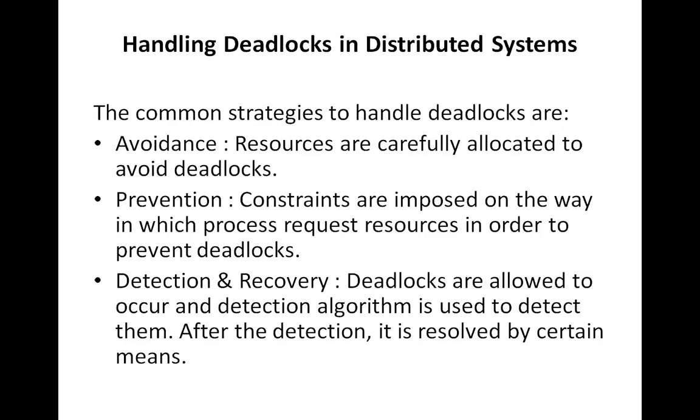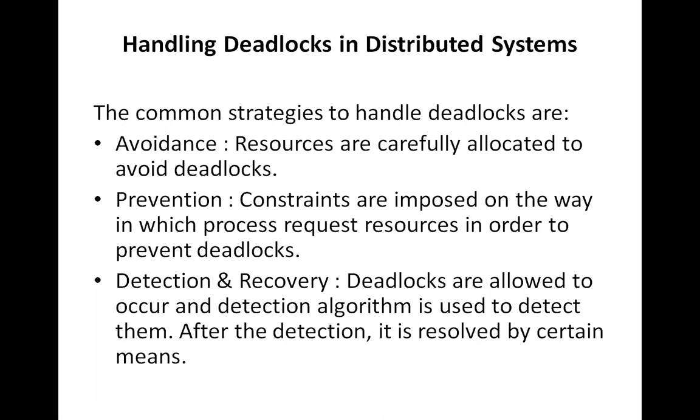It is given more attention than avoidance and prevention, because it is allowed in the distributed system. We allow the deadlocks to occur, and then we adopt a detection algorithm to detect it and resolve it by certain means so that the system recovers from the deadlock.